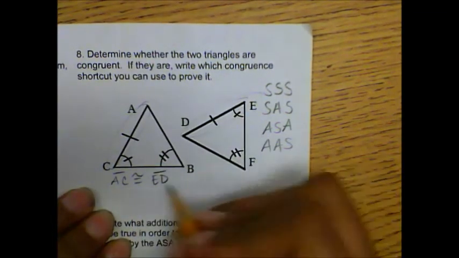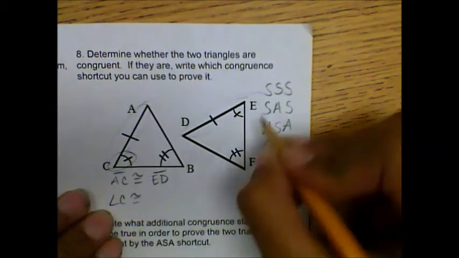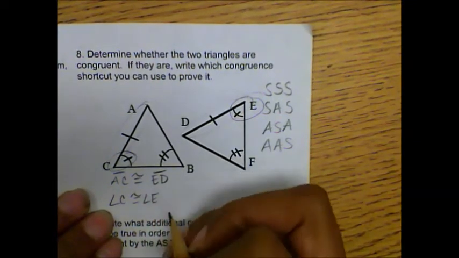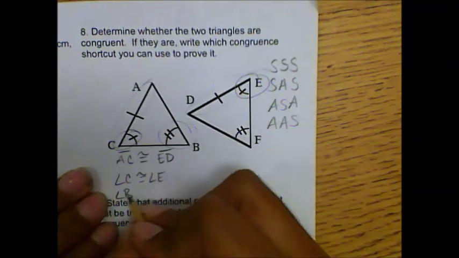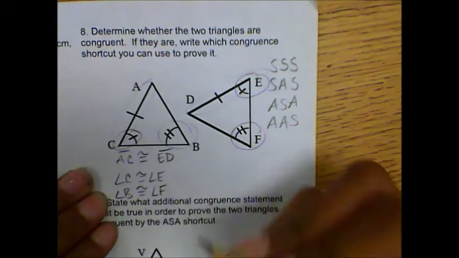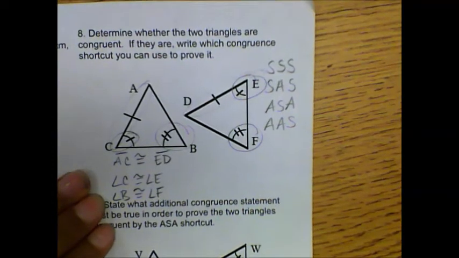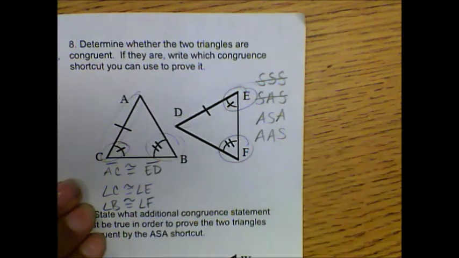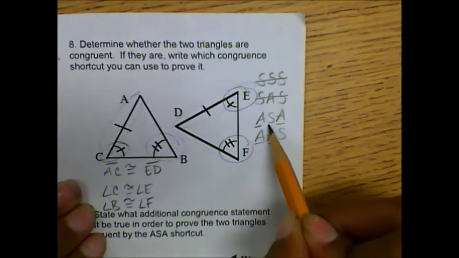I see that angle C is congruent to angle E. And I also see that angle B is congruent to angle F. So they've given us two angles and one side. So it's not going to be side, side, side. It's not going to be side, angle, side. We're left with these two because they have two angles and a side.